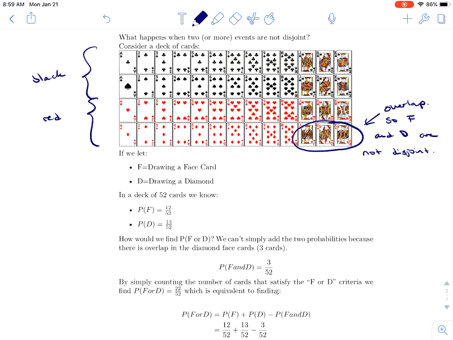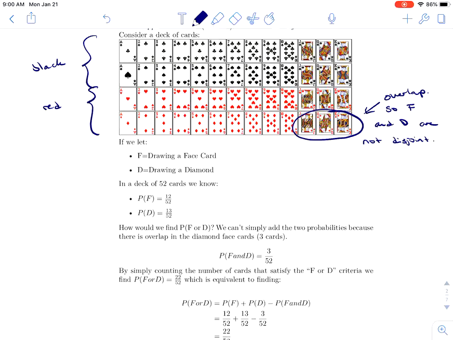And the probability of a diamond, there's 13 diamonds out of the 52. So the probability of drawing a diamond is 13 over 52. And those are here. So individually, we can figure out what those probabilities are, and that's still true even if they're not disjoint.